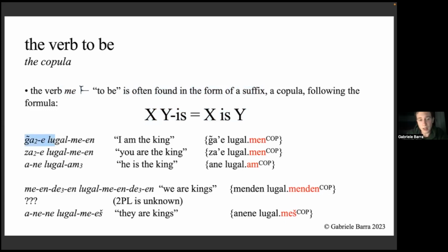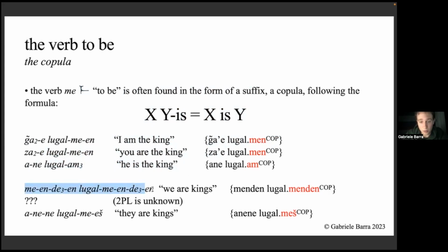Ngai, I, lugal, the king, men. Men is the copula, the to be. So I am the king. X, Y is. Ngai, lugal, men. Same thing for the second person, you are the king. The third person looks vaguely similar to English am, you know. So ane, he, lugal, am. He is the king.